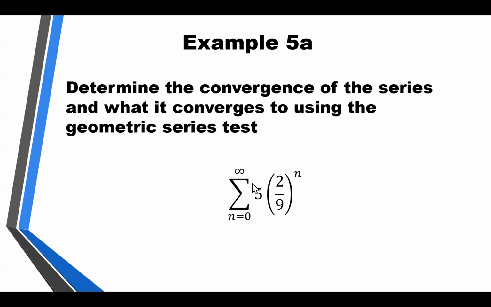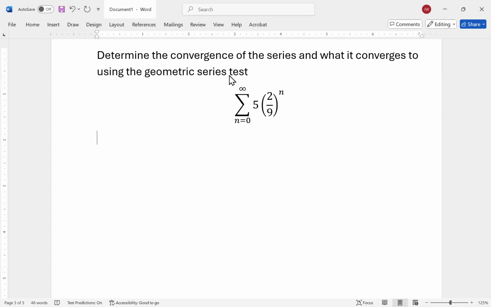So let's go ahead and do that. So this is a geometric series with a equals 5 and r equals 2/9. That r is less than 1 in absolute value.